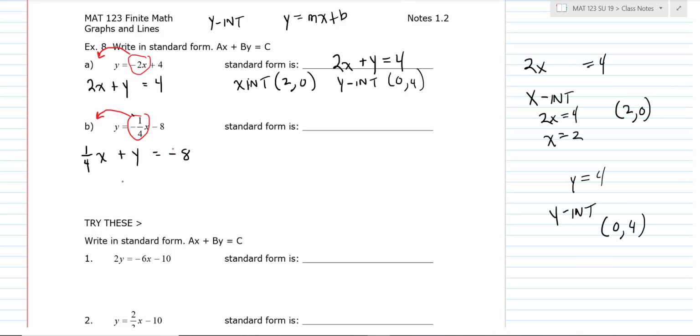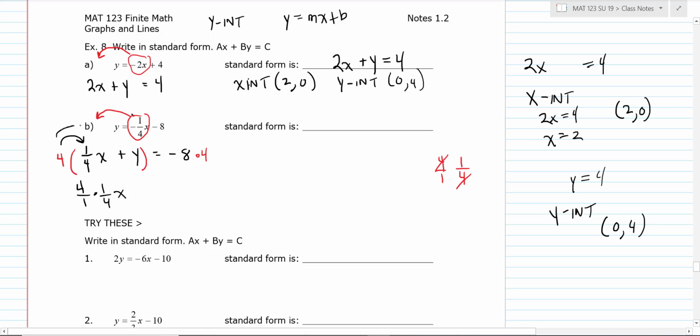Now what we want to do is get rid of fractions. You always have the ability to get rid of fractions. If you have a 1/4, and you multiply it by 4 over 1, that will wipe that out. So just multiply this side by 4, and of course you have no choice but to do the same thing to the other side. So this is going to give 4 over 1 times 1/4 x.